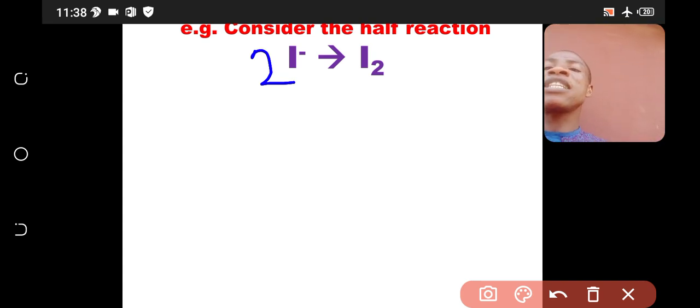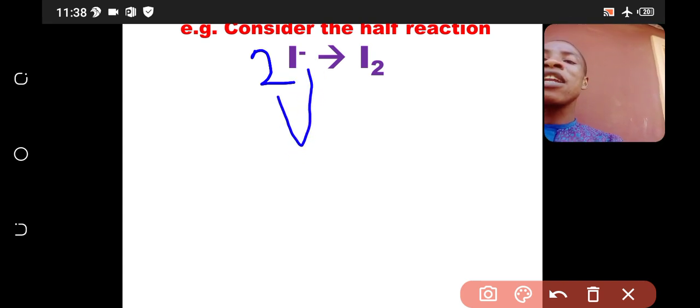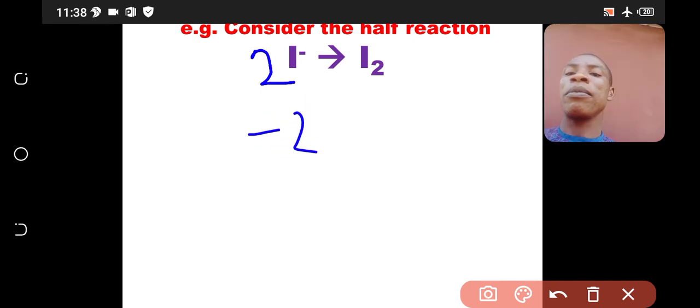How do we balance charges? This is 2 times -1, making it -2. And this is 1 times 0 charge, no charge on I2. So we have 0 charge in this place.